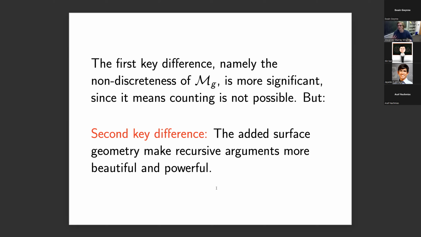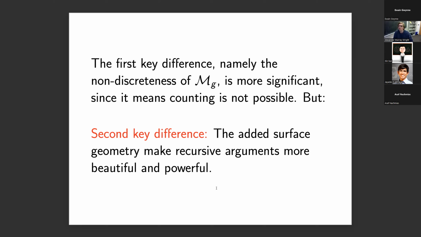There's a finite number of something and make estimates. And of course, you can't do that here. But there's only two key differences I'm going to emphasize today. One is just that M_g is not discrete. And the second key difference is that the added surface geometry makes recursive arguments more beautiful and powerful.